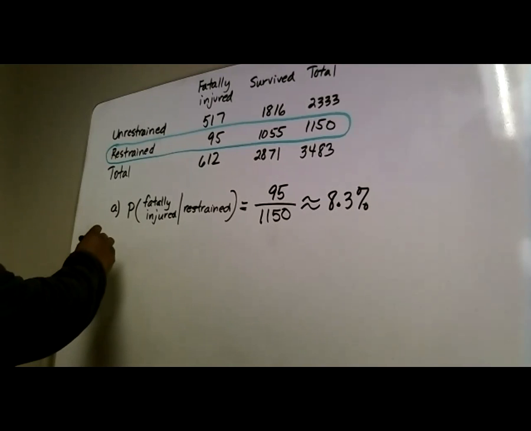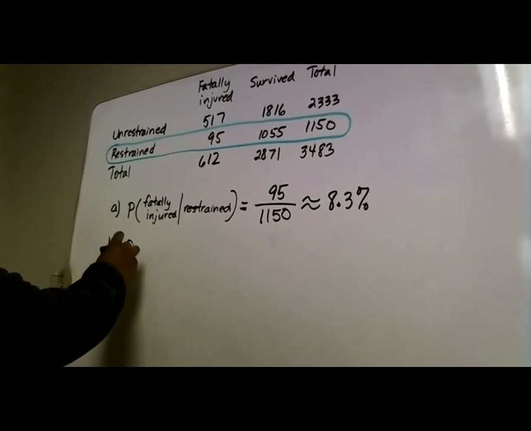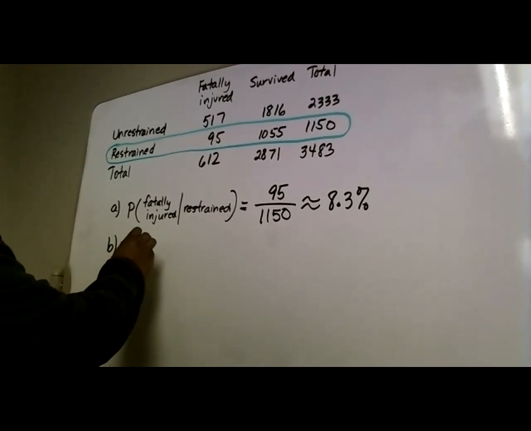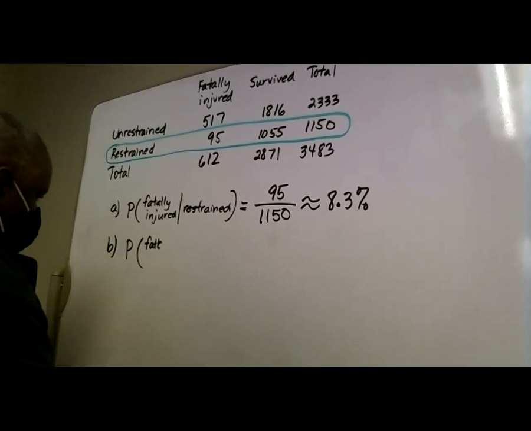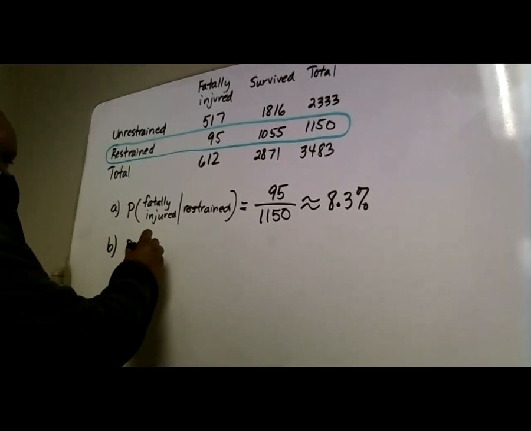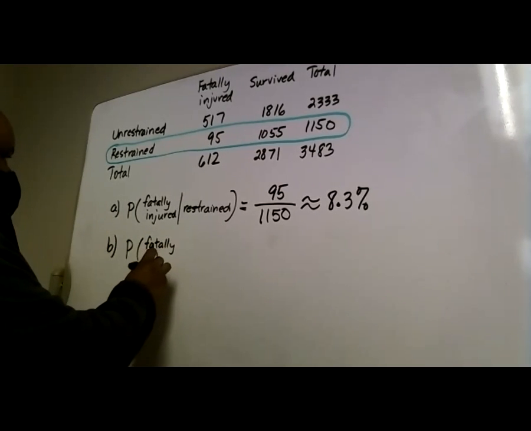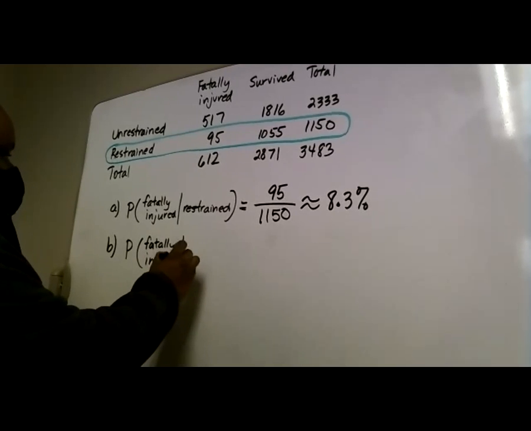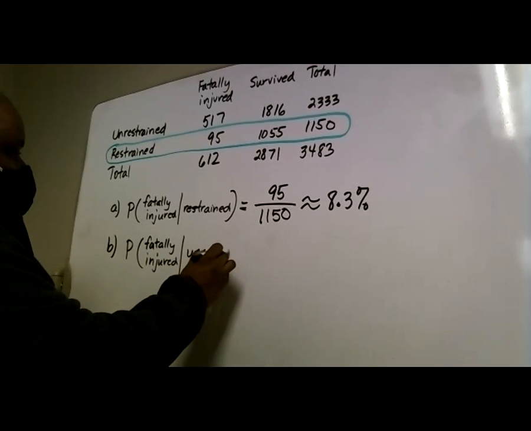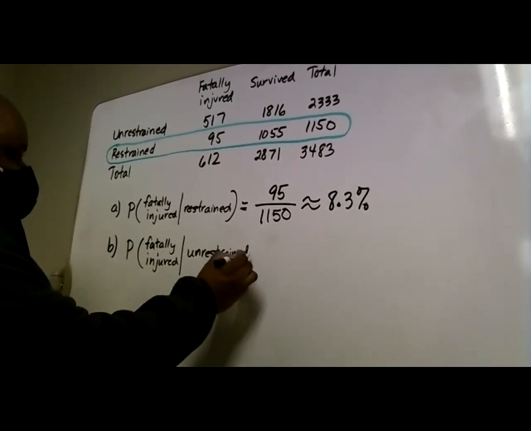All right, now part B says this. We want the probability that the person was fatally injured, given that the occupant was unrestrained.